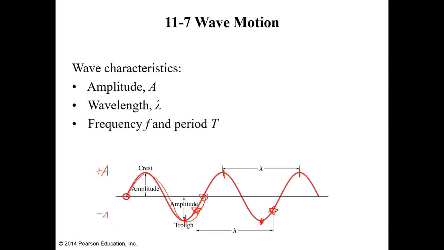The next important point is the frequency and the period. Now, the period is the time for one oscillation. In other words, how much time does it take for the wave to go from a crest down to a trough, back to a crest? That is the period.